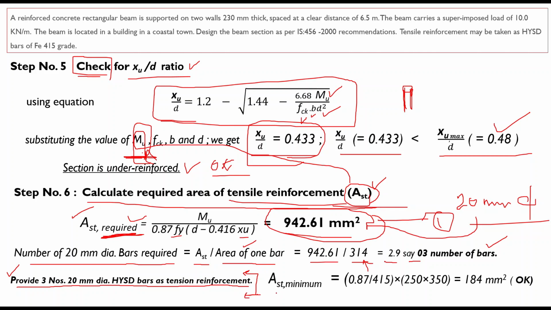After going through the calculation from the IS code, you find Ast minimum, and you can compare that Ast minimum is quite a bit lesser than the Ast which we are going to provide. So the three bars we have provided give Ast quite greater than Ast minimum. So we can proceed with the other part of the design, because it follows the guideline of the IS code.